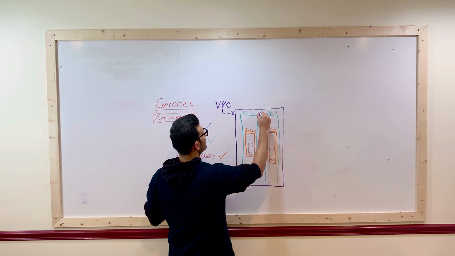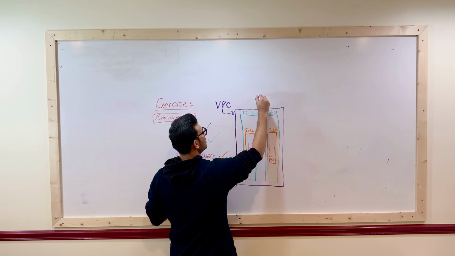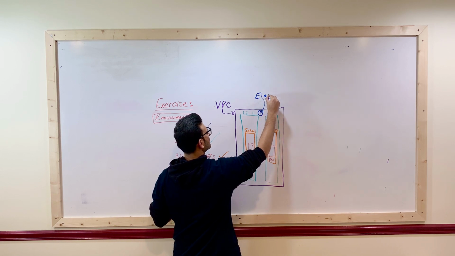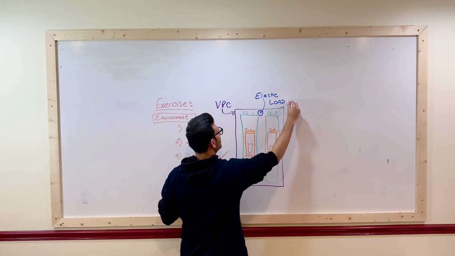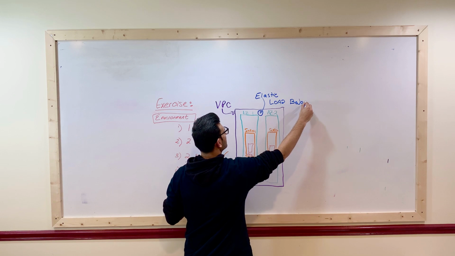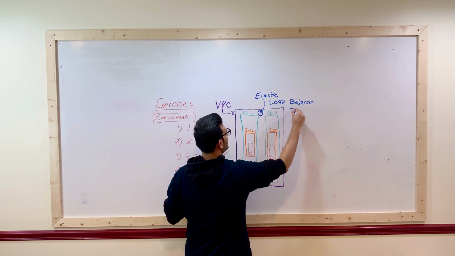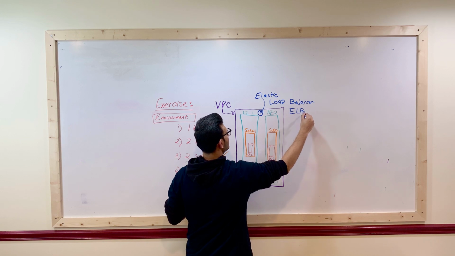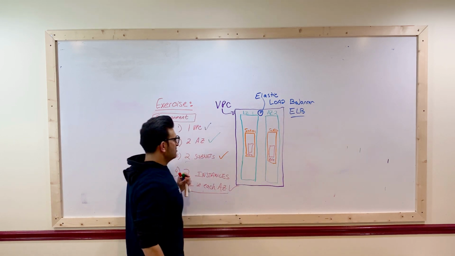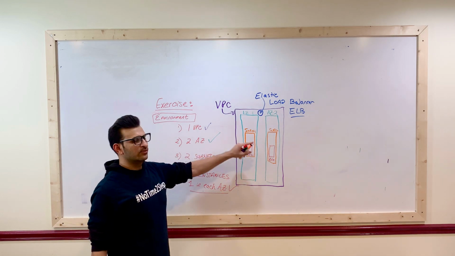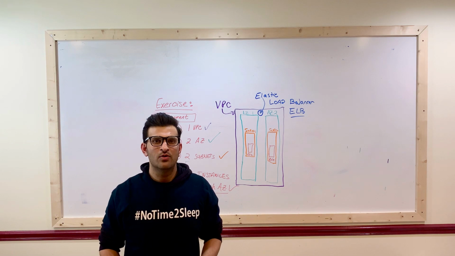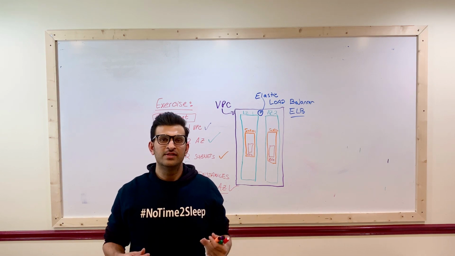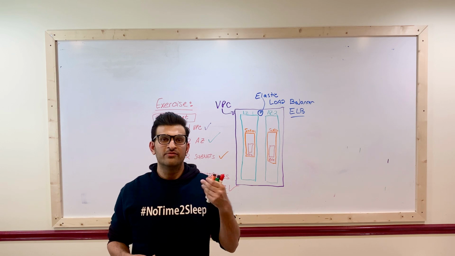We're going to add an elastic load balancer, also known as ELB. All right, so that's what we're going to cover next. We're going to understand what an elastic load balancer does in relation to a VPC and how it increases the attribute of fault tolerance.